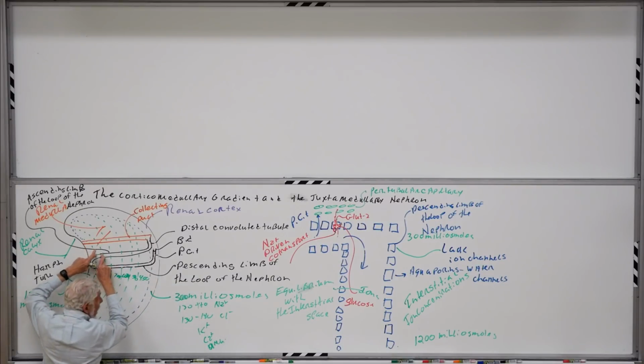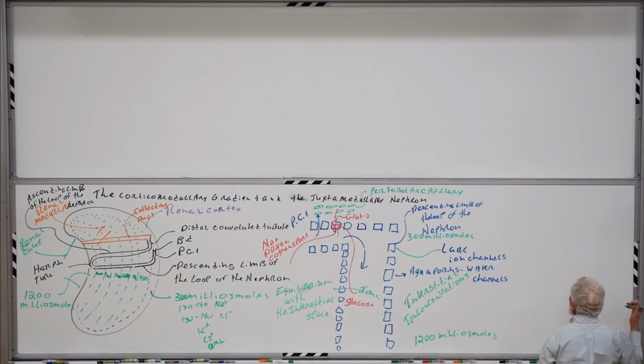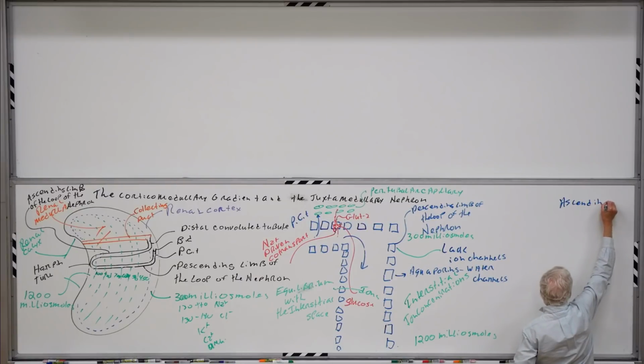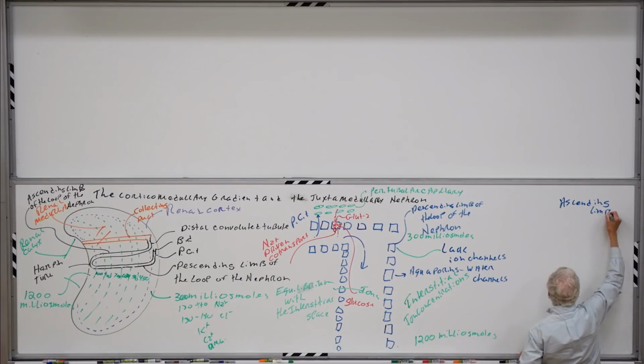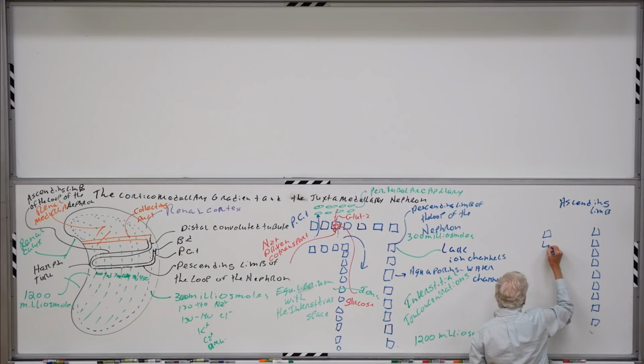Then we come round the bend. So let's imagine over here that we're talking about the ascending limb. And we'll draw again this series of boxes, trying to imply that we have a tube constructed of epithelial cells.